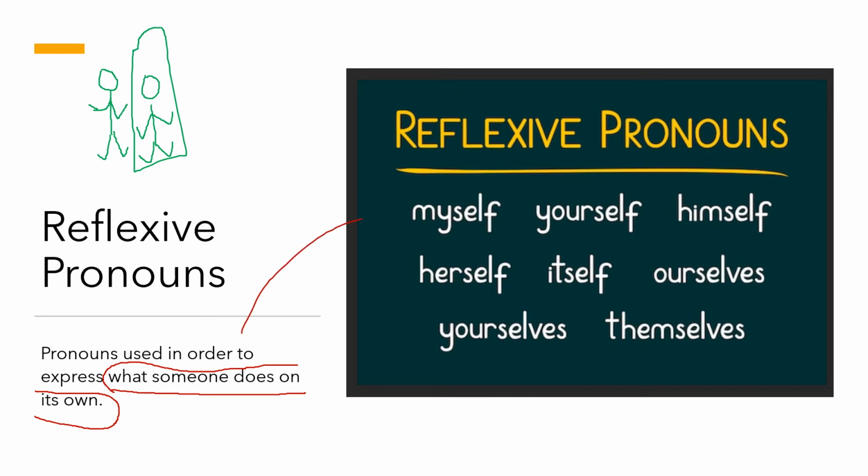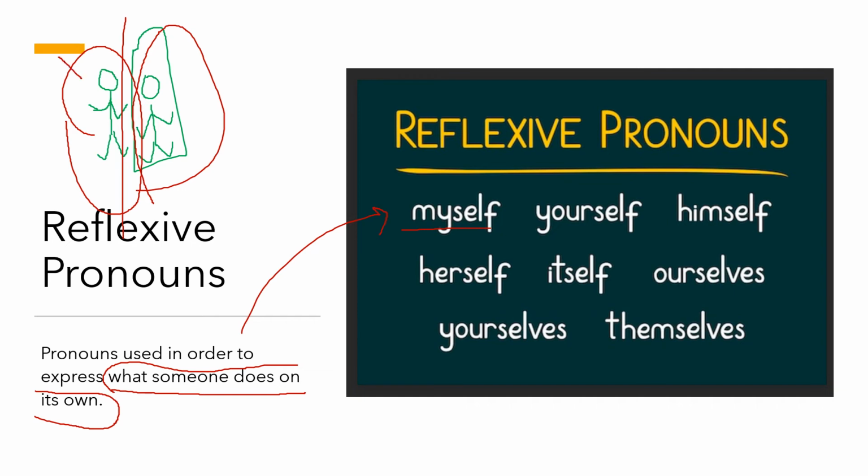So here we will use words like myself. For example, if I say, I read the book myself. Who read the book? I. How can we remember this? We can remember this if we imagine that a person is standing in front of a mirror and the person is talking to himself. We have to imagine it.